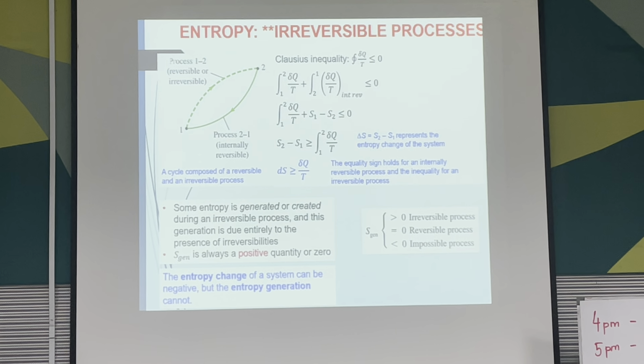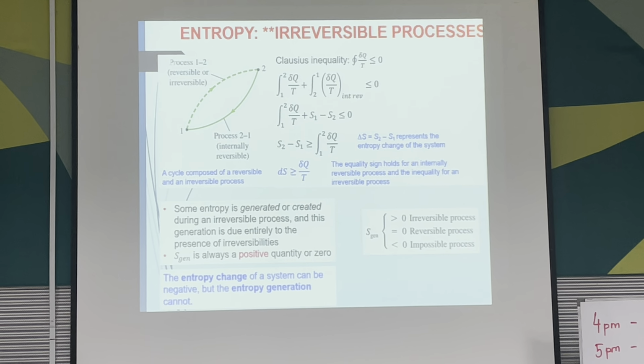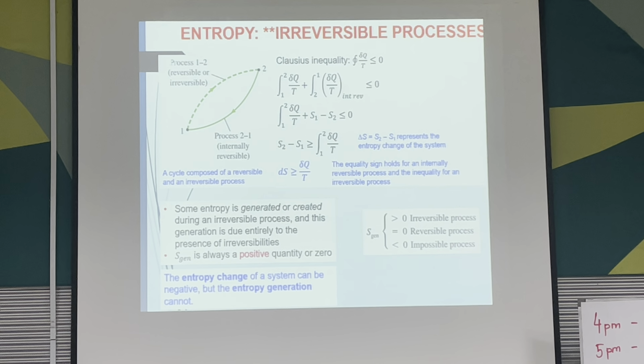Okay, so here previously we kept talking about a reversible process for entropy change. Now we look at an irreversible process instead for entropy change. So consider a cycle here where we have two different types of process. So 1 to 2, 1 is the initial state, 2 is the second state.